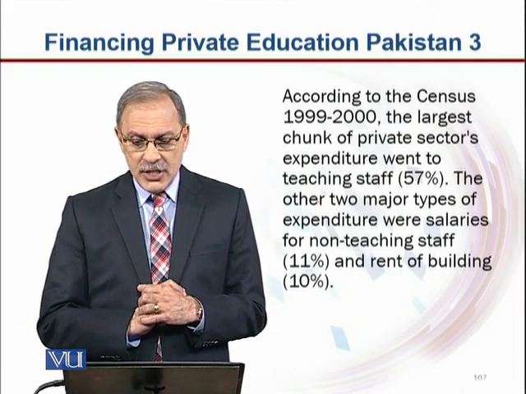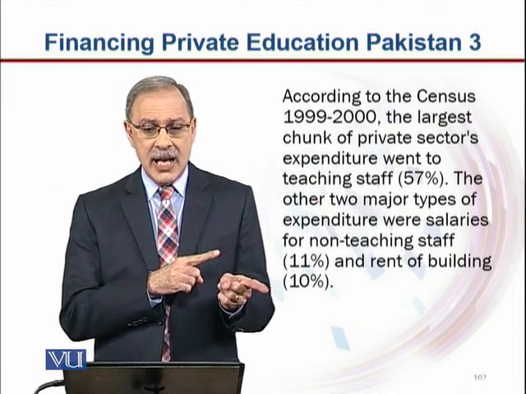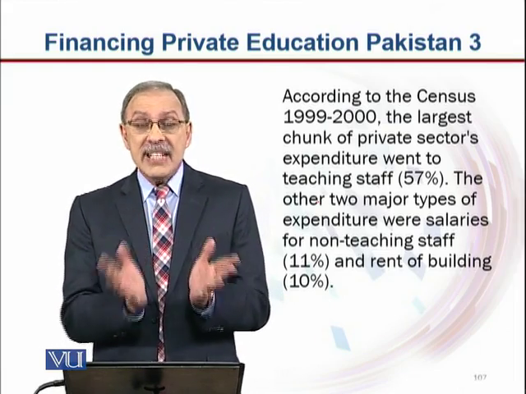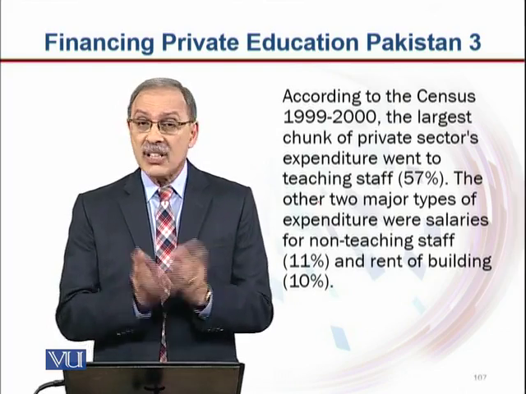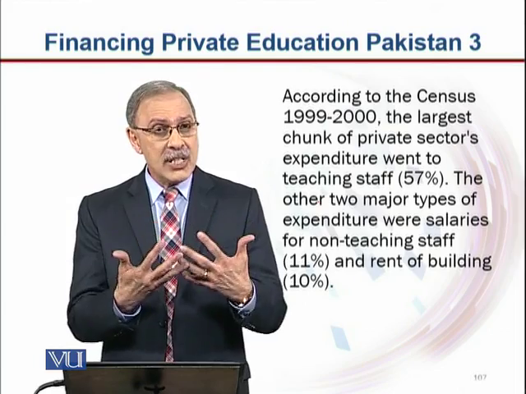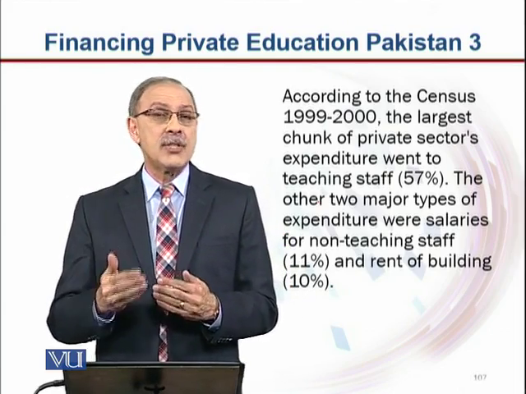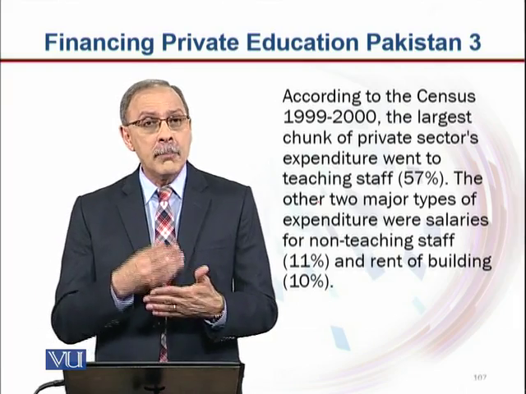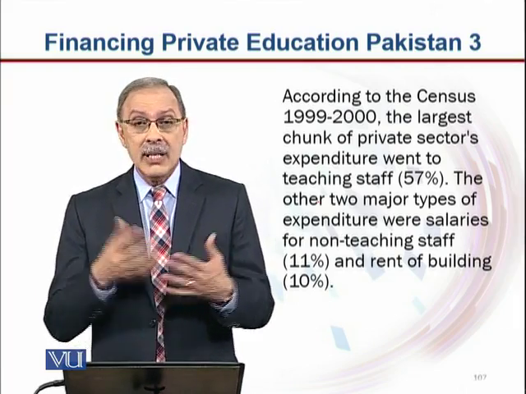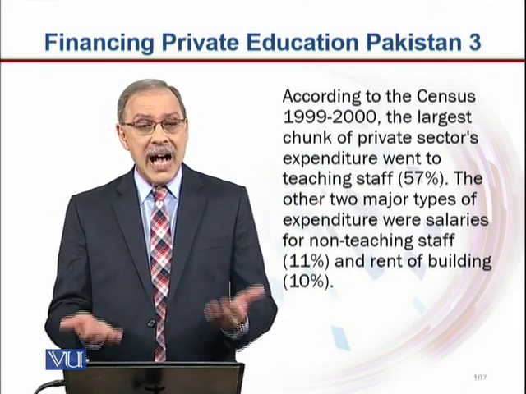The other two major types of expenditures were salaries for non-teaching staff. Remember, schools need peons, maids, cleaners, gardeners, electricians, what else? So the non-teaching staff also have to be paid. And then it's the rent of the building. If you don't own the building and you're paying rent, that is an expenditure. That is a chunk of money that is going out.